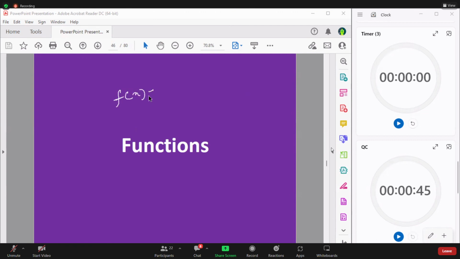it will give you a function notated as f of x. For any value of x, the function is equal to, let's say, x square plus 3x plus 4. And it is asking you to solve the equation for -3. If it is asking you to solve for -3, you basically just substitute the value of x as -3 and solve the equation.